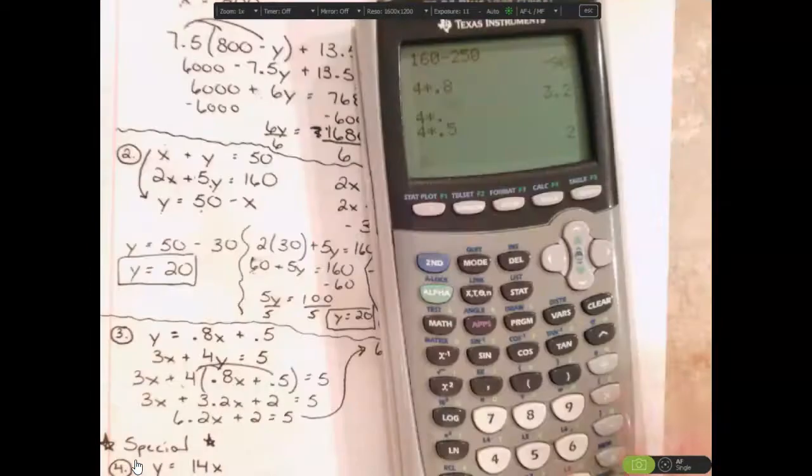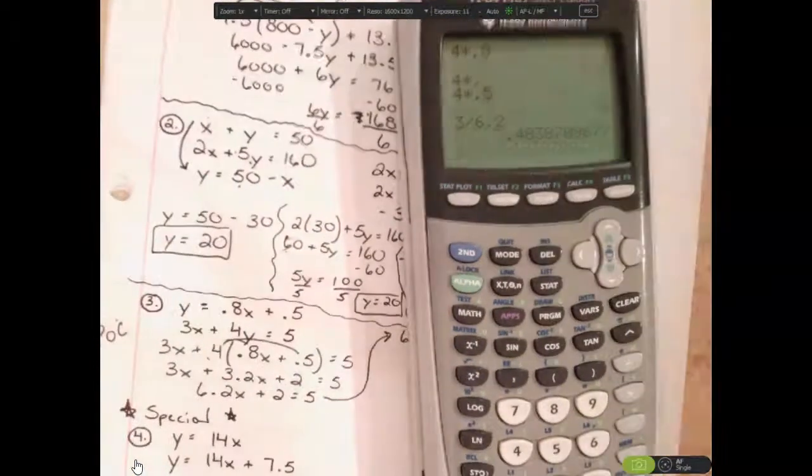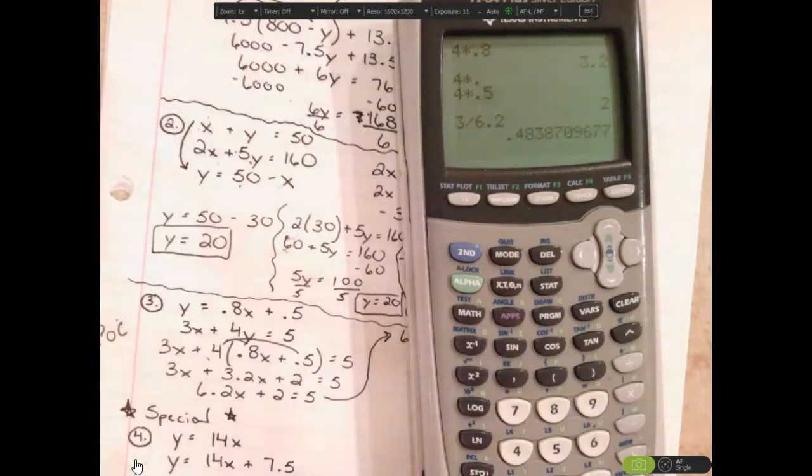And when I divide, 3 divided by 6.2, we get this ugly decimal. Let's go ahead and just round that decimal. Let's say to the hundredths. Whenever we get any problems like these, guys, let's keep it consistent and just round things to the hundredths. So on this problem, it's going to end up being 4.8.